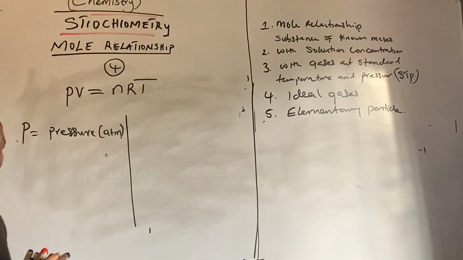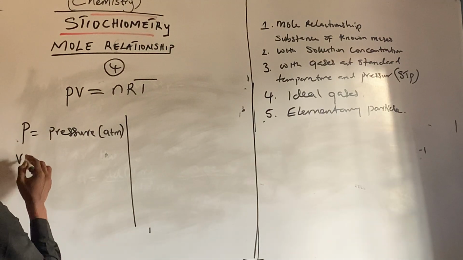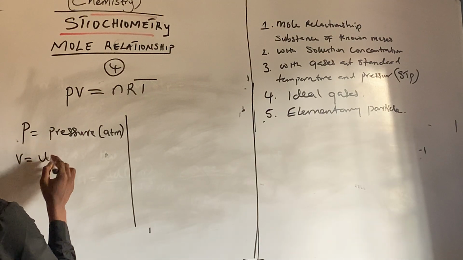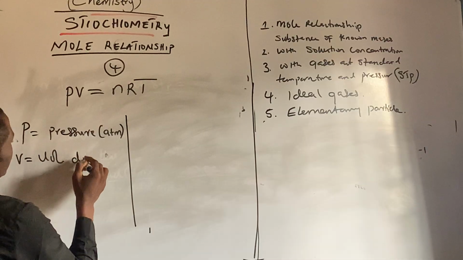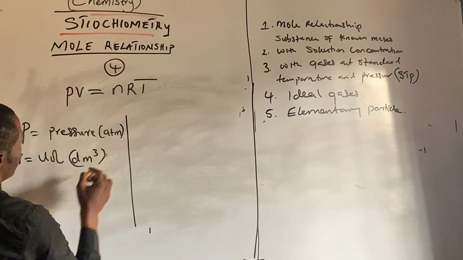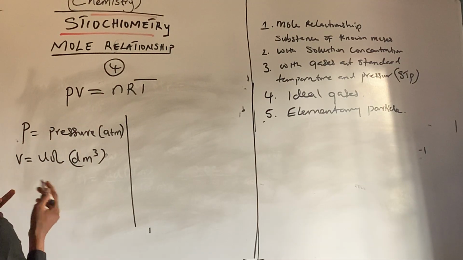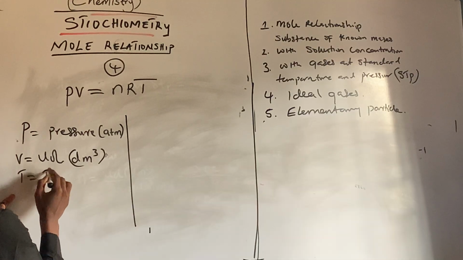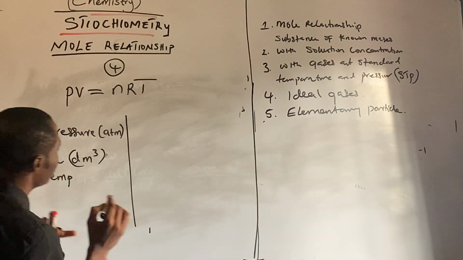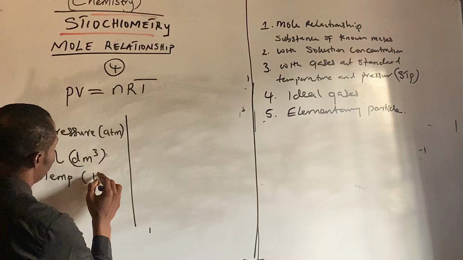Then we have the V, which is the volume, and the volume is in dm³. Then we have the T, which is the temperature, and the temperature is in Kelvin.